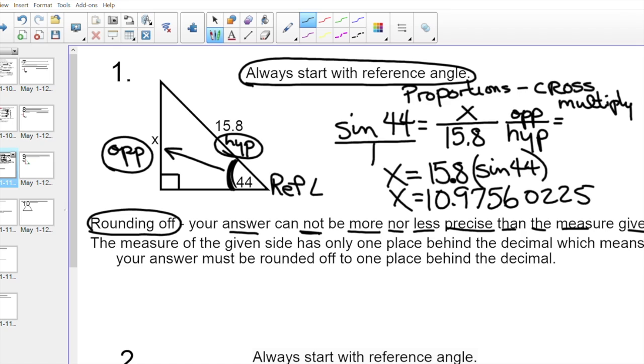Now, what that means is, if you look at 15.8, the measure of the given side, it has only one place behind the decimal, which means your answer must be rounded off to one place behind the decimal.